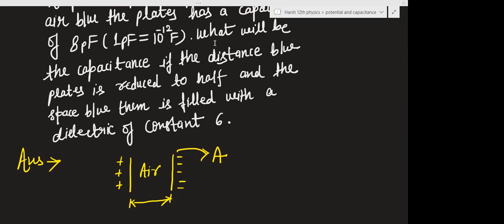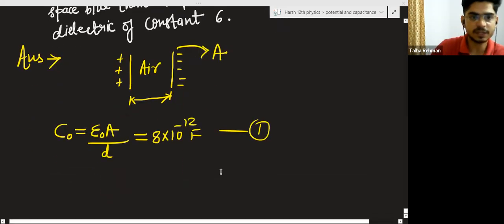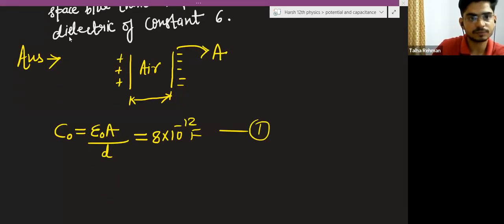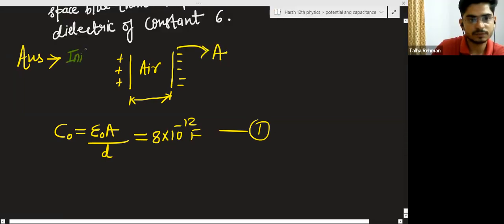Now the distance between them is reduced and becomes half, and after reducing the distance some dielectric is filled in between the plates. So this is the initial condition, case 1. What is the final condition?